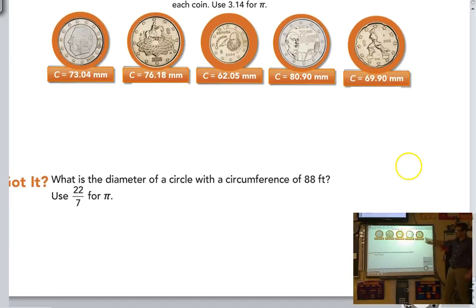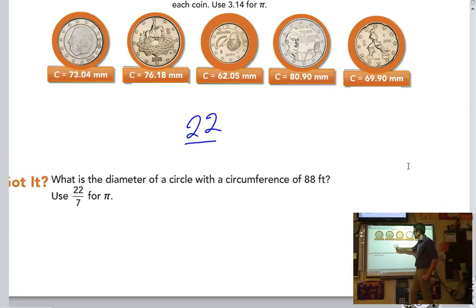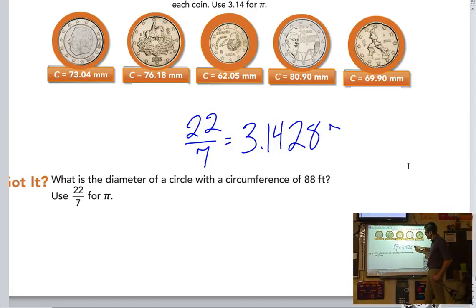The other thing to talk about, another approximation for pi. Everyone holding a calculator right now, type in 22 divided by 7. Hit enter. It's 3.1428.